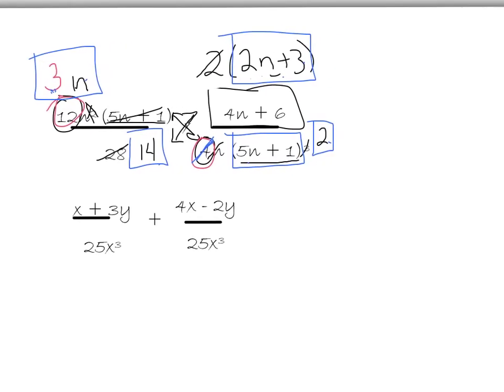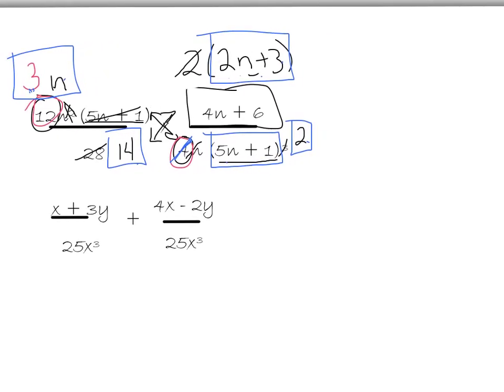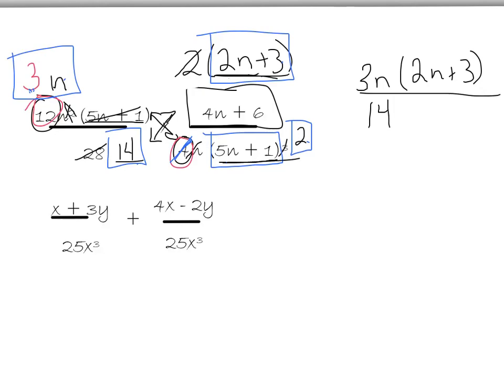So I'm going to multiply across. 3n is left there times 2n plus 3 there, over a 14 and a 5n plus 1 squared.